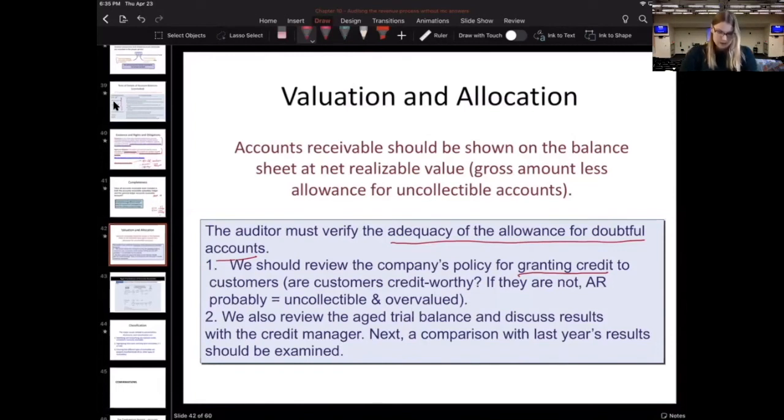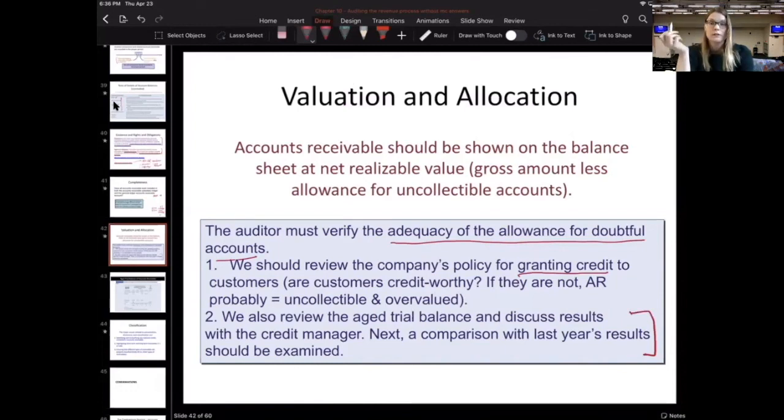The second is kind of this idea of, okay, now that we have mostly good customers, how good of a job are we doing at actually estimating allowance for doubtful accounts? Like how much of this is uncollectible? For this, we're going to do things like reviewing the aged trial balance.